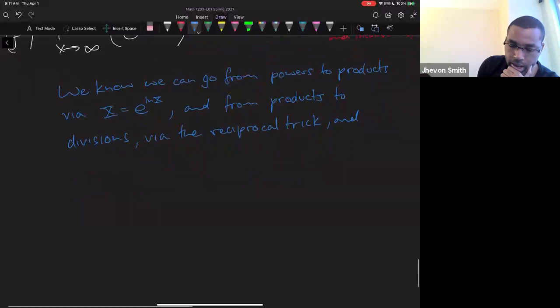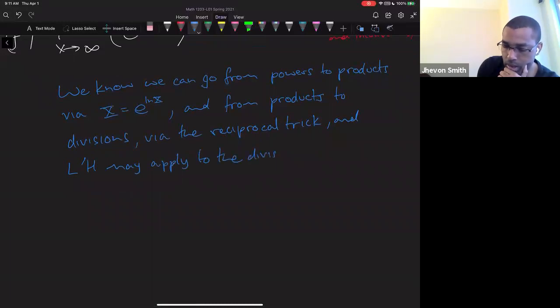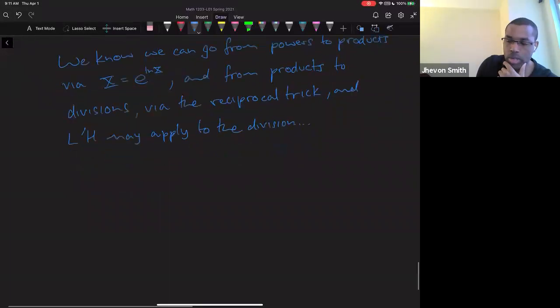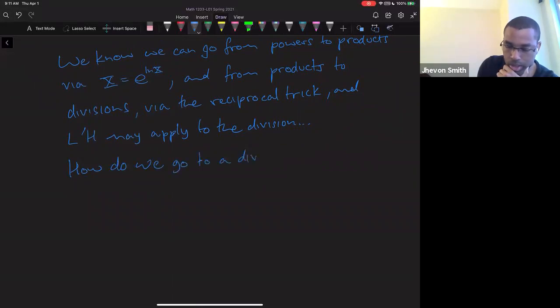And L'Hopital's is being applied to the division. But how do we go from a subtraction to use this idea? How do we go to a division from a subtraction? It's probably a weird idea.